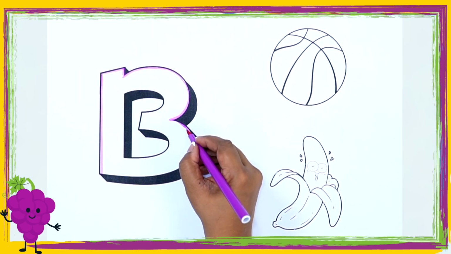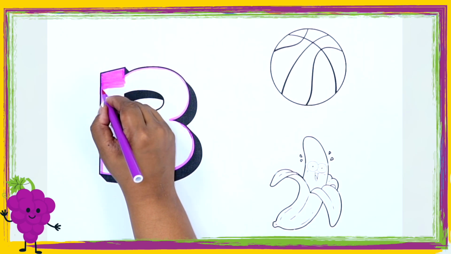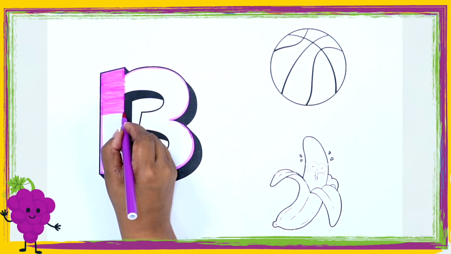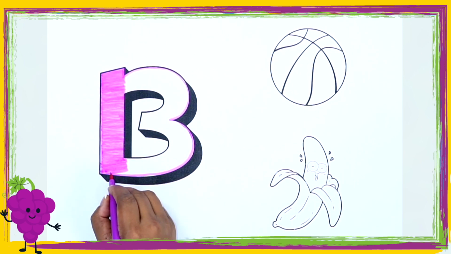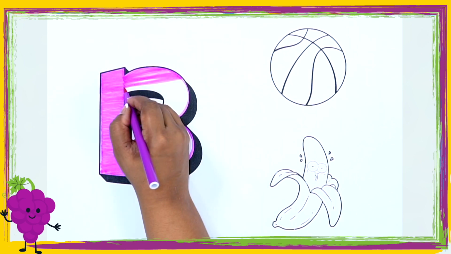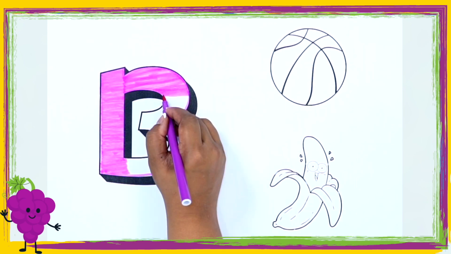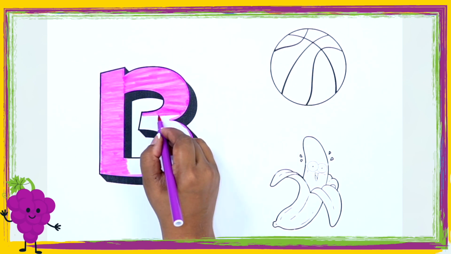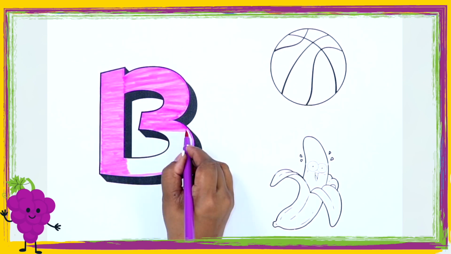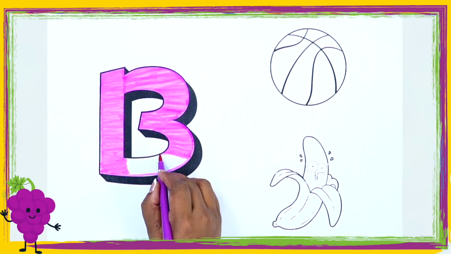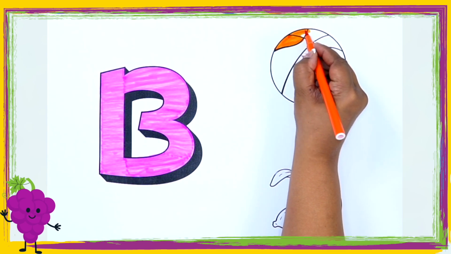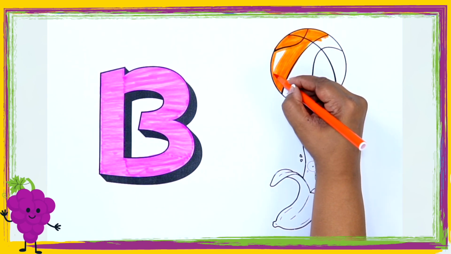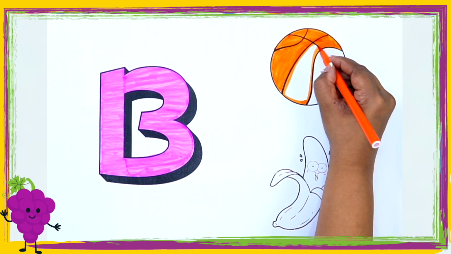Let's color the alphabet B and learn what comes from the alphabet B. B. This is a ball. B for ball.